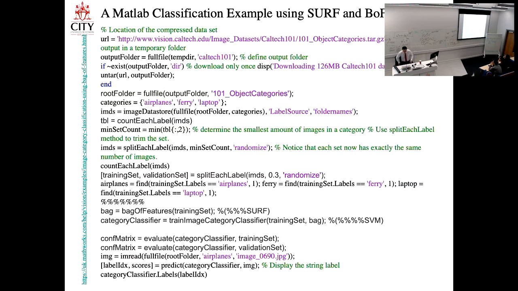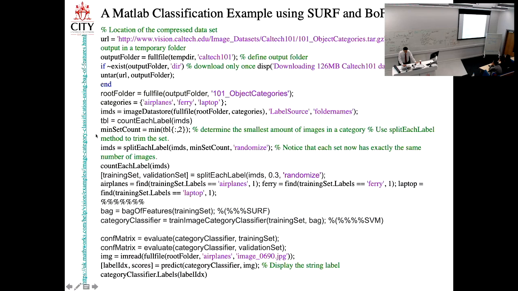So here is an example. Let's go through this together. So what this bit is doing, it's clear, right? Okay, it's just getting a URL for Caltech 101. This is a data set that we are all familiar with so far. It has 101 object categories plus one background category.